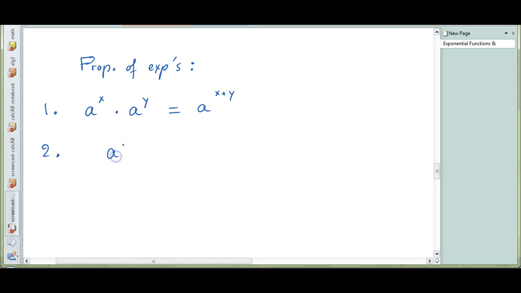And the second one is if you take an exponential and you raise it to another exponent, then this is the same as taking an exponential base a and raising it to the product of the exponents.